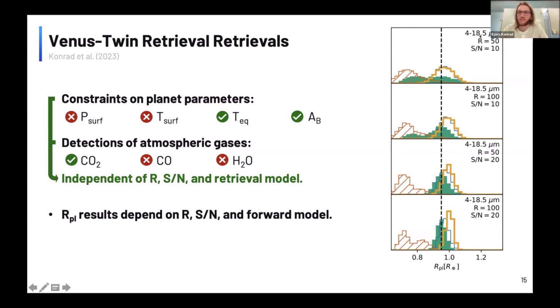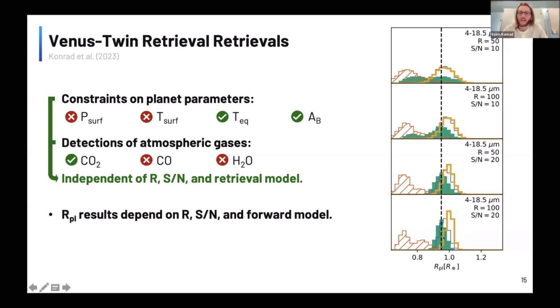And what you see is that in the top, so for low spectral resolutions and low signal-to-noise ratios, the cloud-free model yields the best estimates for the planet radius, whereas when we move to high resolutions and high signal-to-noise spectra, we see that the cloud-free model yields a biased estimate for the planet radius.